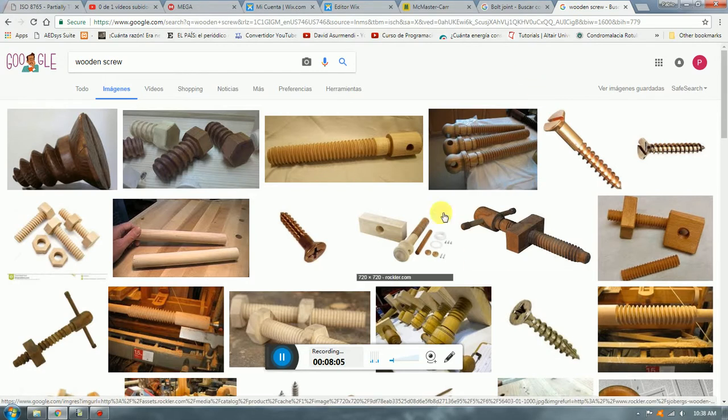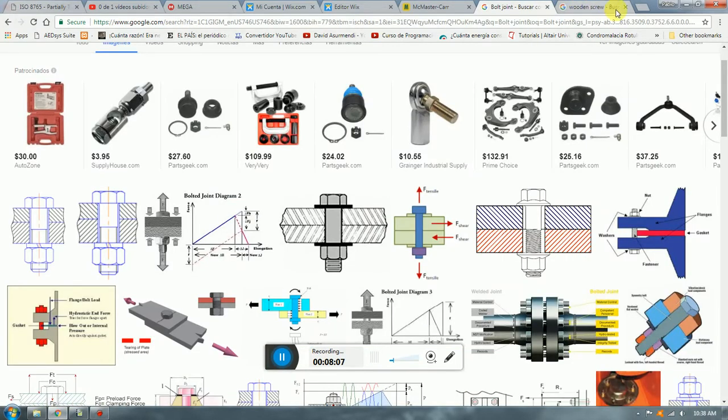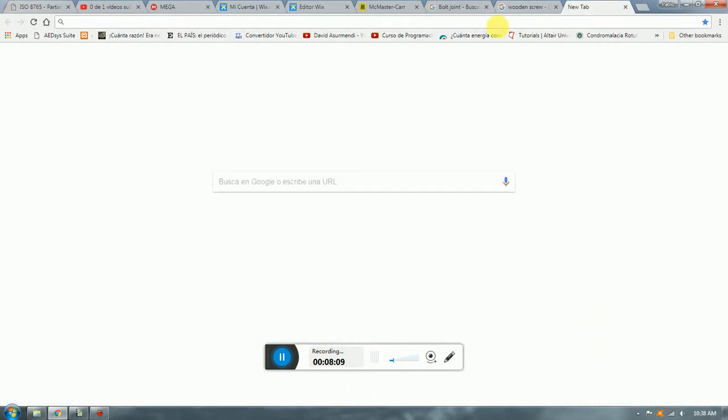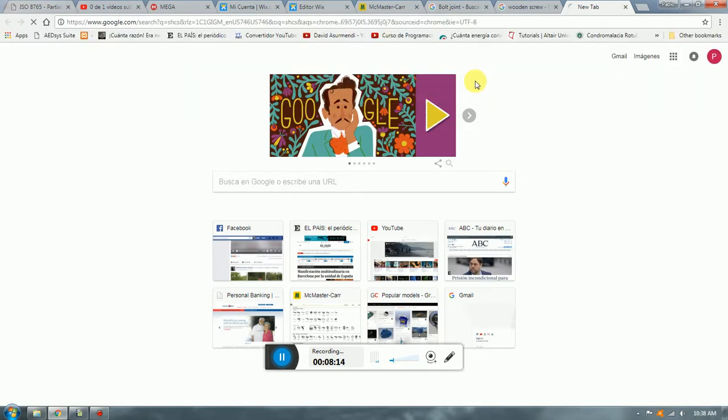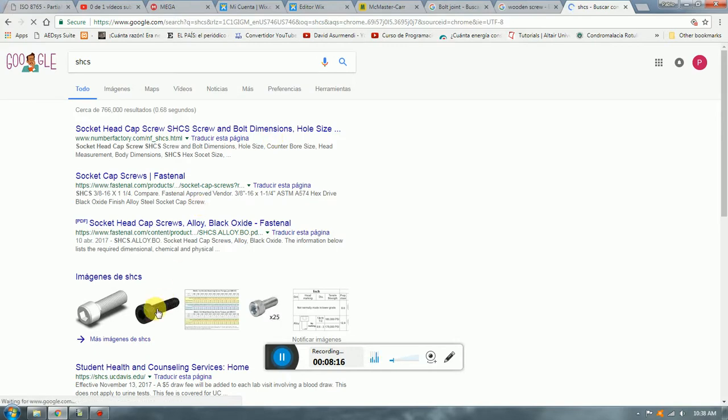And then a bolt is anything else, you know. For example, is that considered a bolt? No, it's not true.